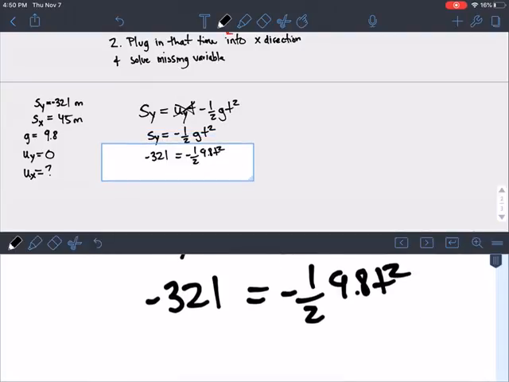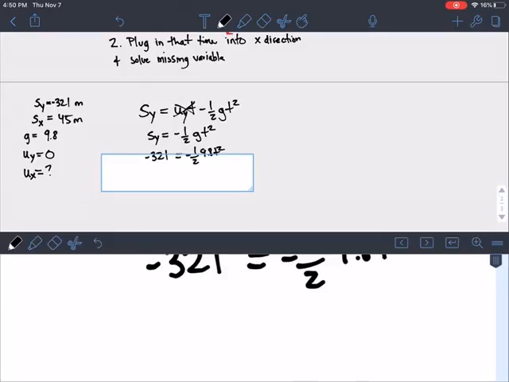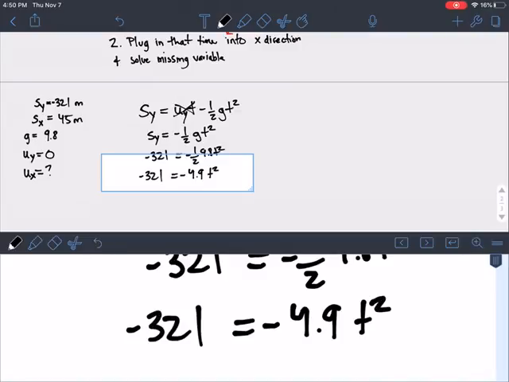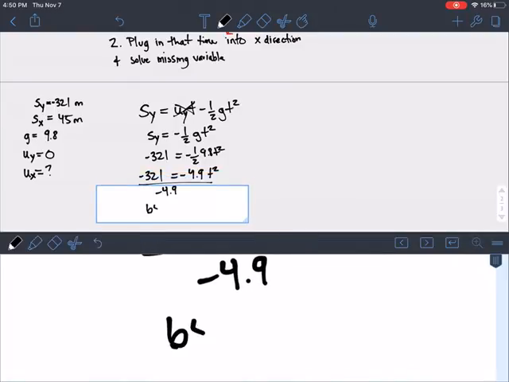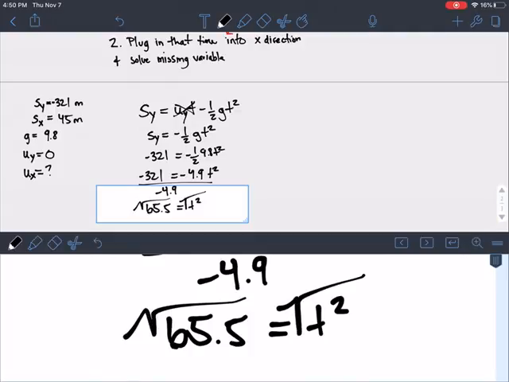So now let's follow the order of operations and solve this problem. Negative 1/2 times 9.8 is just negative 4.9 t squared. Still have negative 321 on the left side. Divide by negative 4.9, get 65.5 equals t squared. Okay, square root.